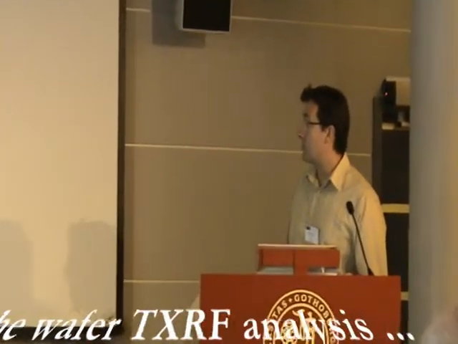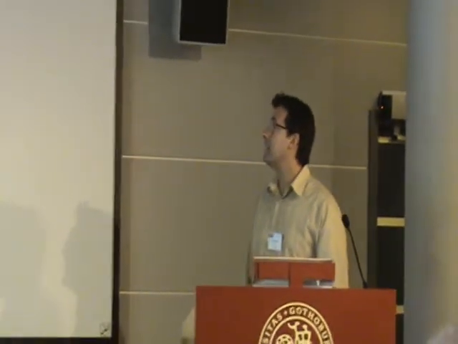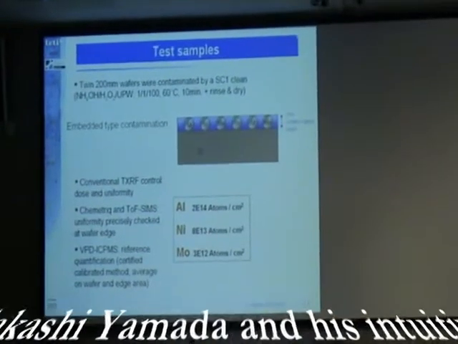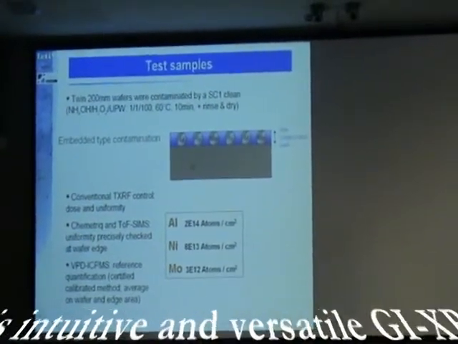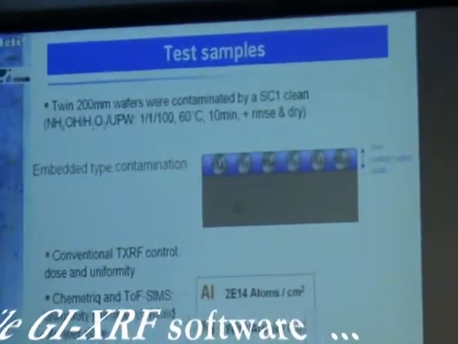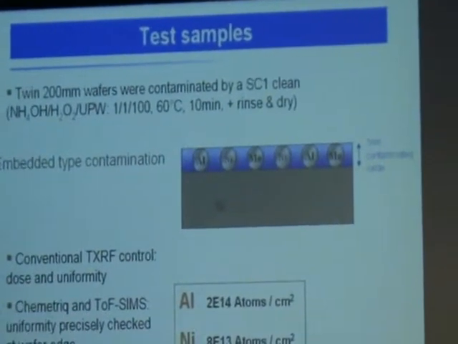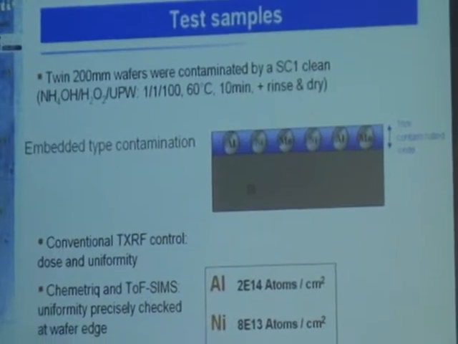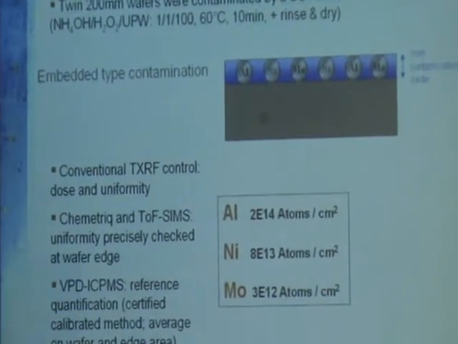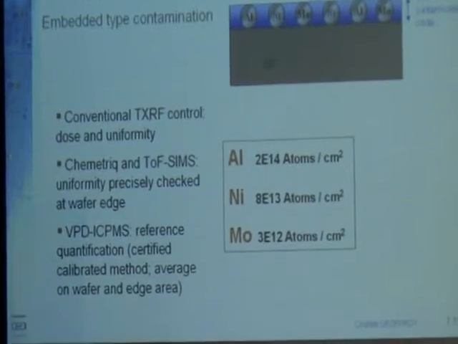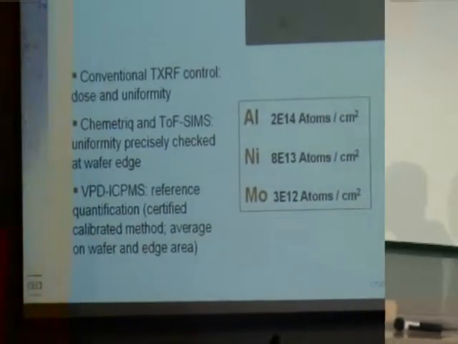Now we will measure the intensity at the contaminant time zone, down to the edge. So we prepare a bath with ammonia, clean water and H2O2, and we put the contaminants inside, and by rinsing and drying with the spin, we get this embedded type of contamination.